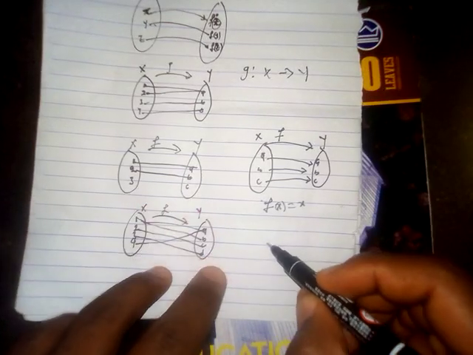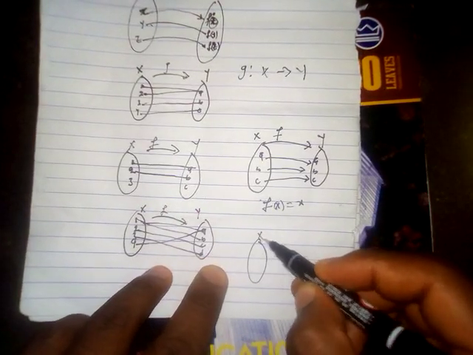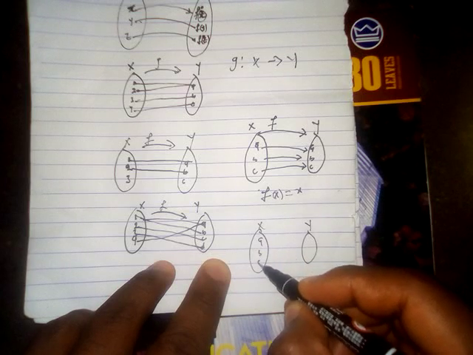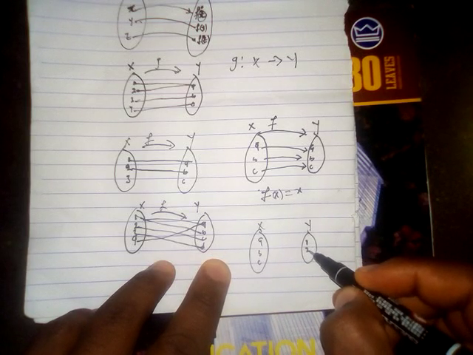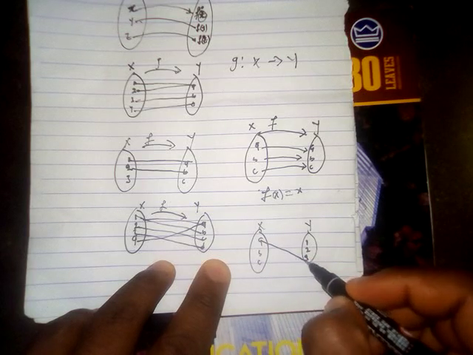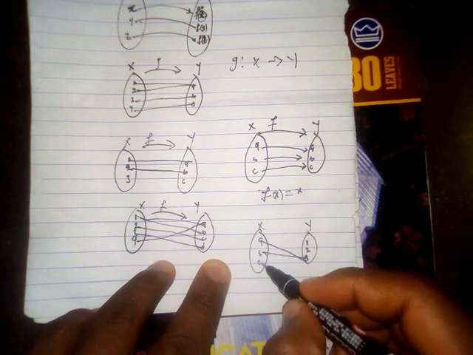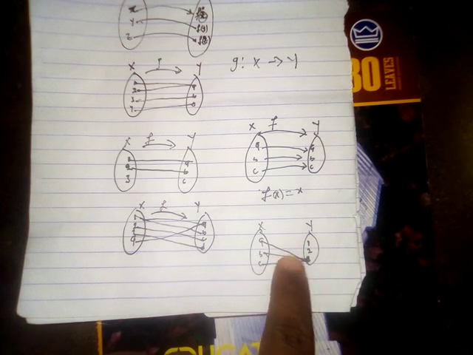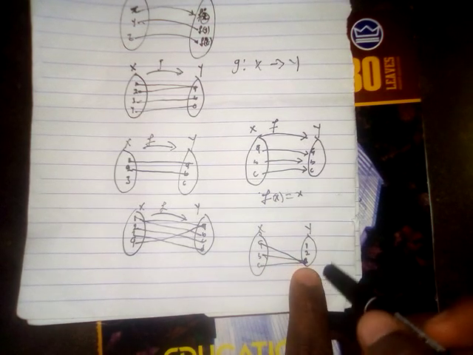Okay, another function you might have here is, let's call this A, B, C, and let's say 1, 2, and let's call this 3. Now observe that every element here is being assigned to a unique element in the codomain, just one element.